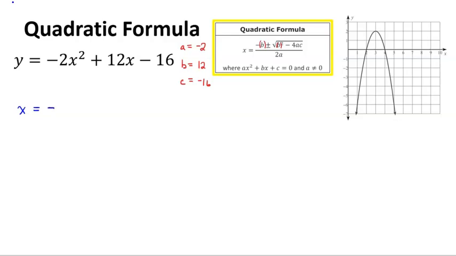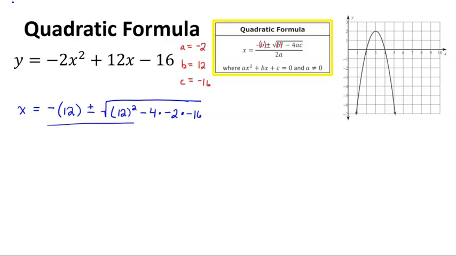So we've got negative B, which is 12, plus or minus the square root of B, which is 12, squared, minus 4 times our A value, which is -2, times our C value, which is -16.